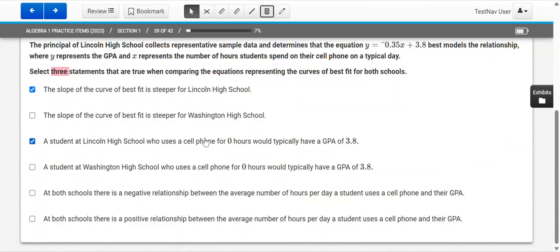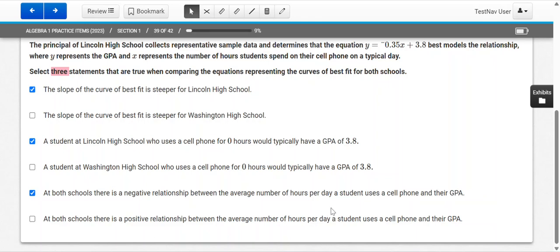Last one. At both schools there's a negative relationship between the average number of hours per day a student uses a cell phone and their GPA. At both schools there's a positive relationship between the average number of hours per day a student uses a cell phone and their GPA. Well, definitely there is a negative relationship, right?